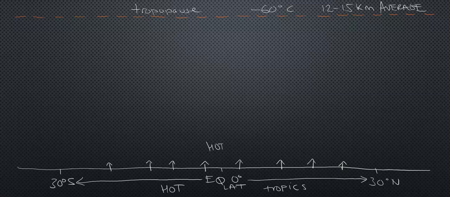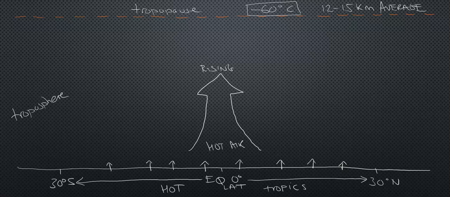So you have the hot air through conduction, and it starts to rise through density and buoyancy, and we have our hot air rising through different altitudes because the troposphere is between 12 to 15 kilometers, and this dashed line represents it, and the average temperature of the troposphere is looking at minus 60 degrees. So the pause is where the change in temperature behavior happens, and then the stratosphere begins. But we're looking at the troposphere, so this is the troposphere as our area to look at.